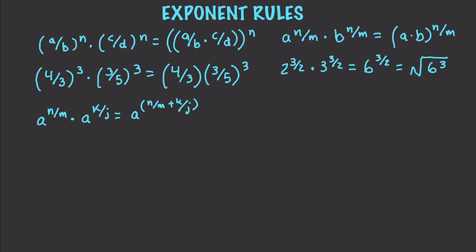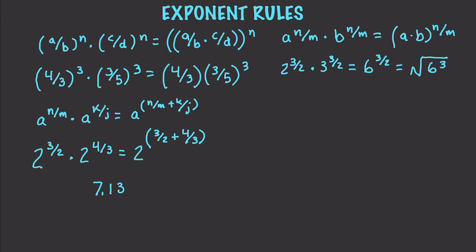An example of this, let me try to write this a little bit bigger so it's easier to see, times 2 to the 4 over 3. This is going to be equivalent to 2, and then inside of here, this would be 3 over 2 plus 4 over 3, like that. And that works out to being approximately 7.13.